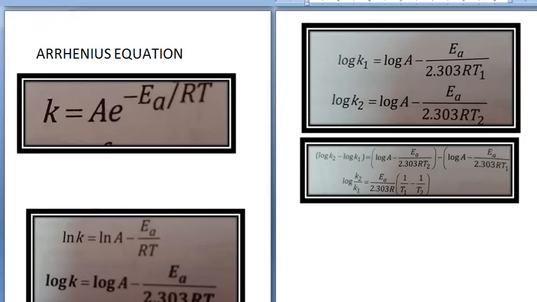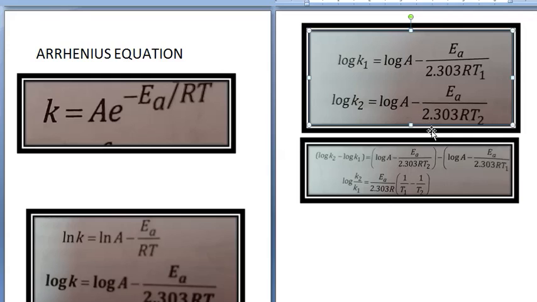Next, if we take two different reactions, K1 and K2, for two different reactions the rates will also be different. Suppose the first reaction has log K1 is equal to log A minus EA upon 2.303 RT1. Temperature in the first reaction is T1. Similarly, log K2 will become equal to log A minus EA upon 2.303 RT2, where R is constant.